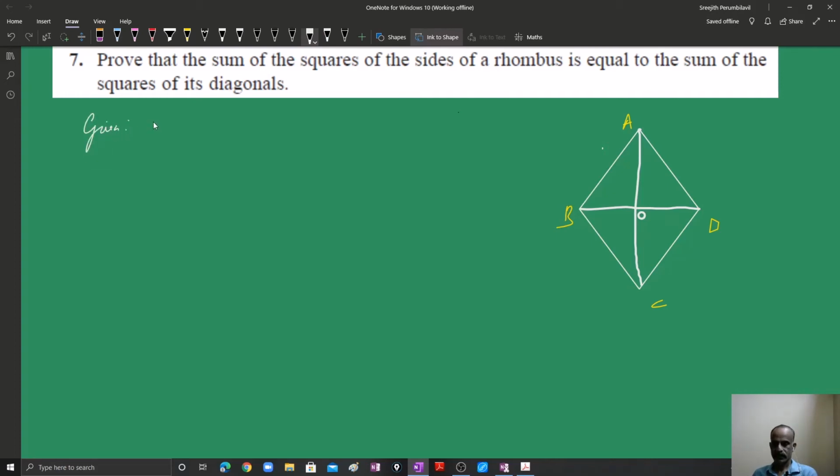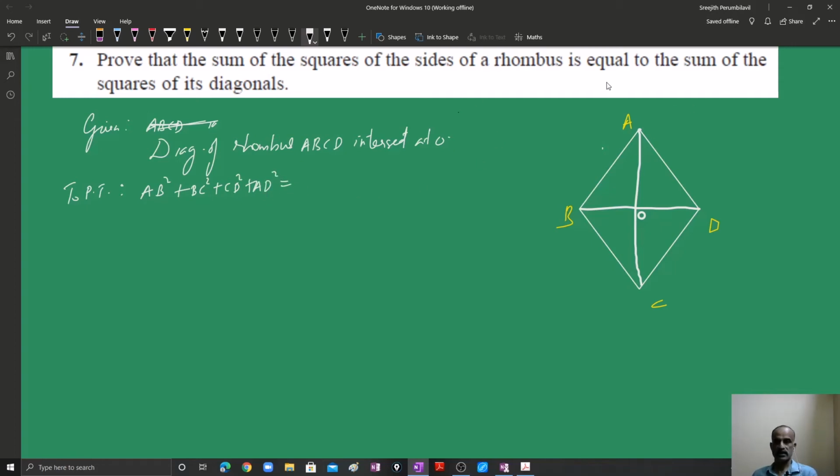The diagonals of rhombus ABCD intersect at O. To prove: AB square plus BC square plus CD square plus AD square is equal to the sum of the squares of the diagonals, AC square plus BD square. This is what is to be proved, right?